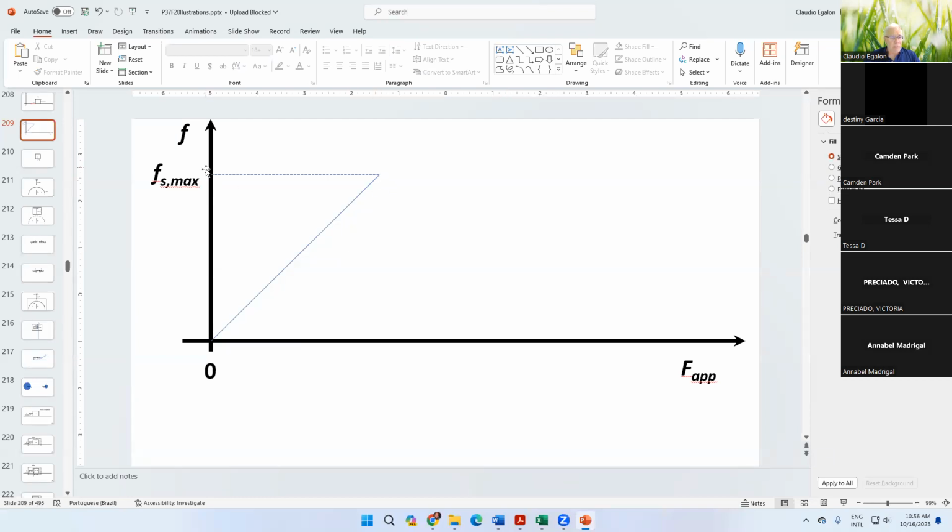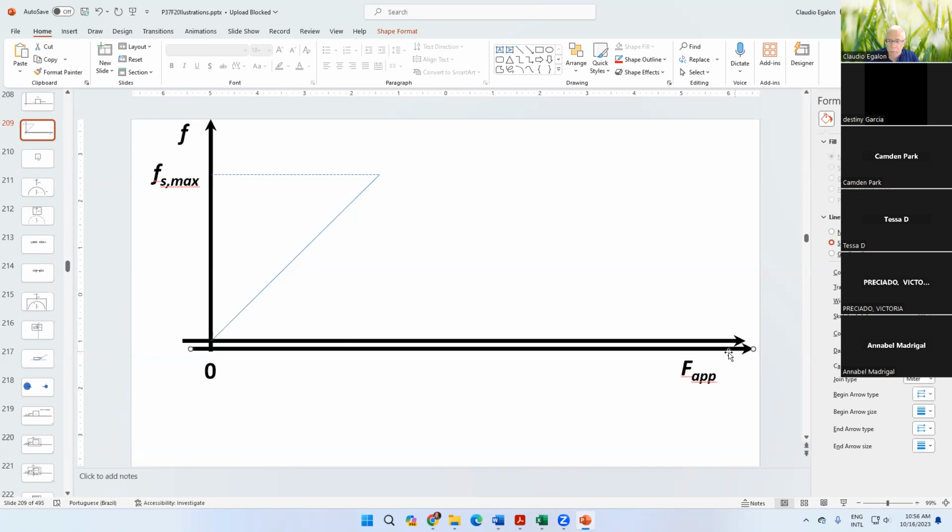This point here is where we reach the maximum value. At this point, if you exceed the applied force, something interesting happens.